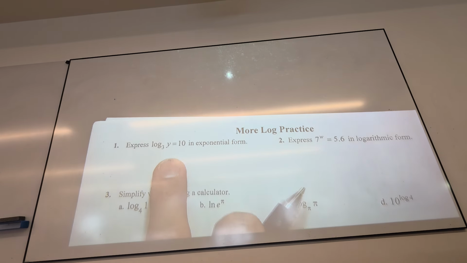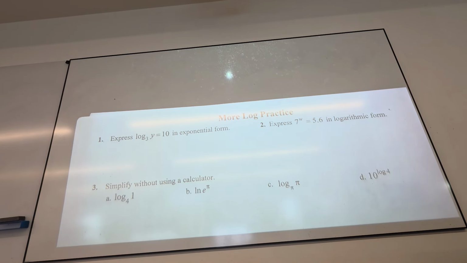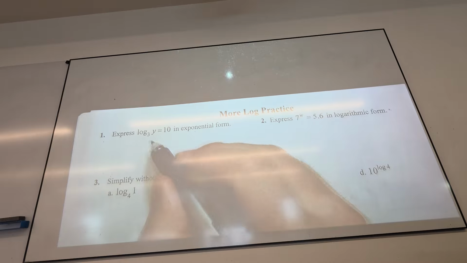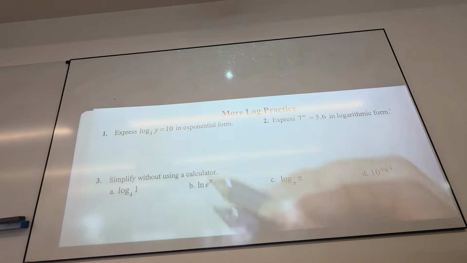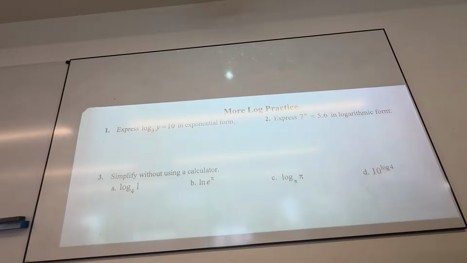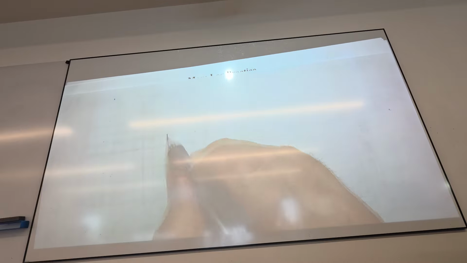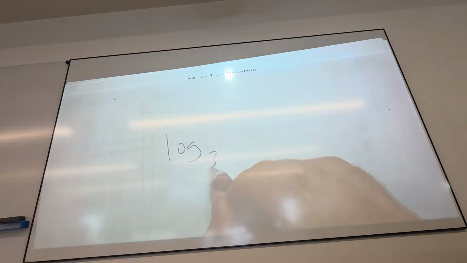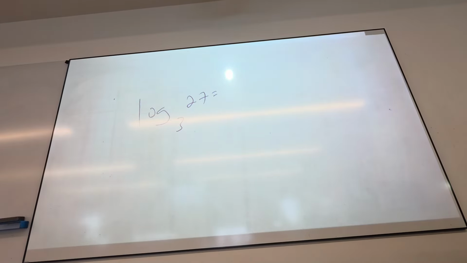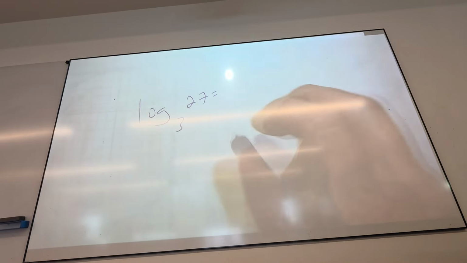So at the very beginning, do you guys remember, and this is from my last semester's 171 class, one of my students came up with this: put it in the washing machine. Have I said that to you guys yet? Maybe. Okay. Can you remind me, what is log base 3 of 27? 3 to the what power is 27?